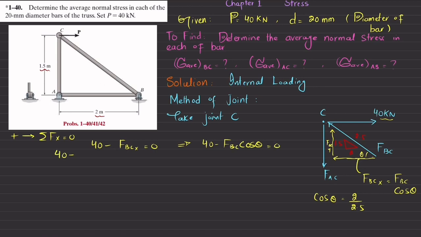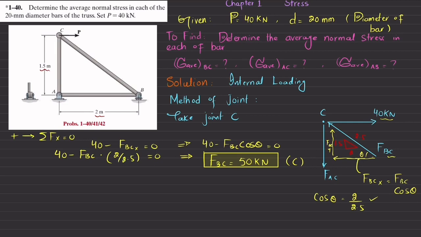FBC is not known, and cos of theta is 2 divided by 2.5. So from here you will get FBC equal to 50 kilonewton and the value is positive. So it means that the direction which we have taken is correct and this is in compression.